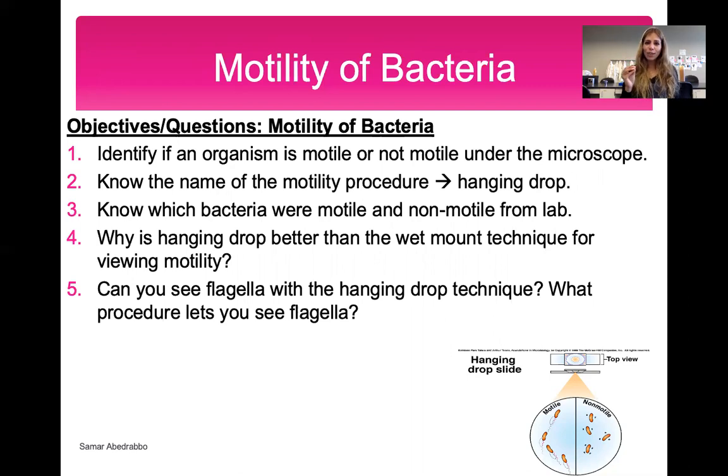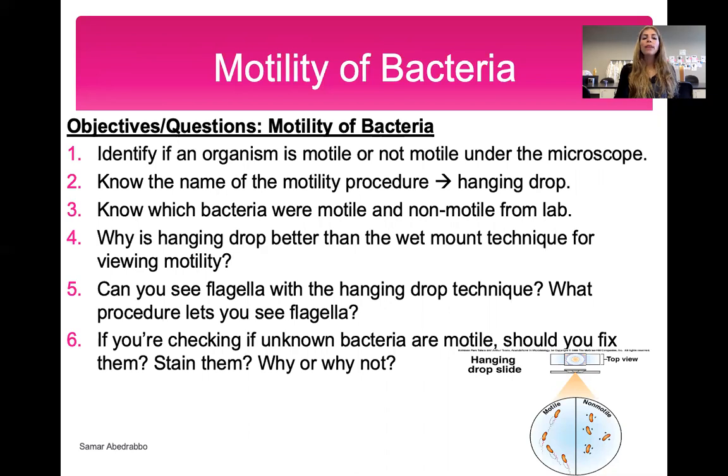Flagella are very tiny structures that you cannot see. You can only see them if, for example, you do a flagella stain, which is Leifson's technique that we learned about earlier. If you're checking if unknown bacteria are motile, I want everyone to answer, should you fix them? Should you stain them? Why or why not? So just make sure you know the answers to all of these and you take time looking at the demo video of myself showing you how it's actually done.